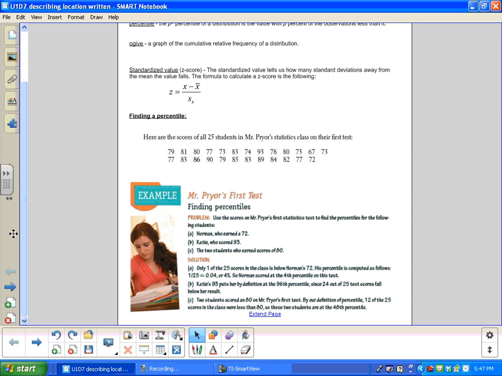So the first thing that I wanted to do, since I need for things to be ordered, like this says, they want to find the percentile for Norman who scored a 72. So I need to know how many scores are below 72. So what I did is I took this data and I sorted it in L1.